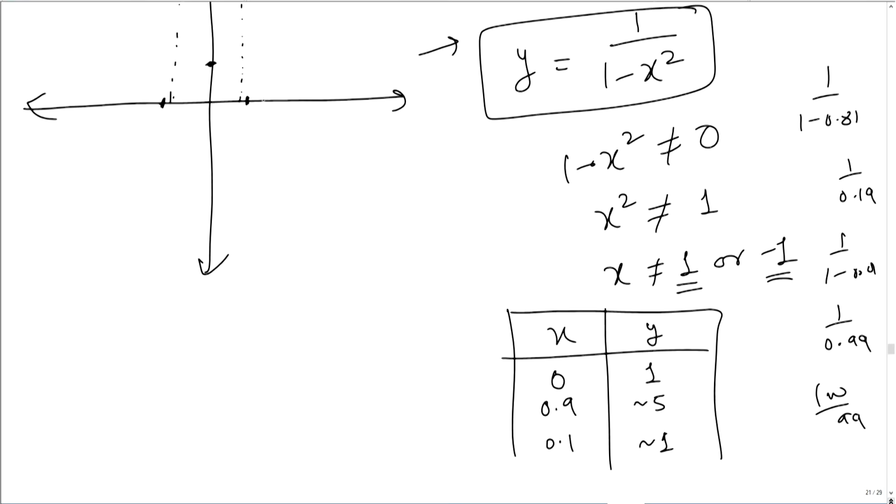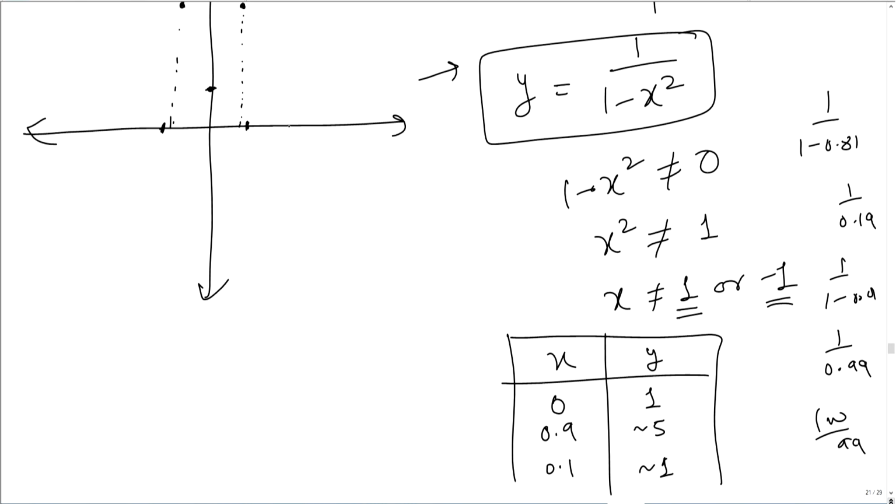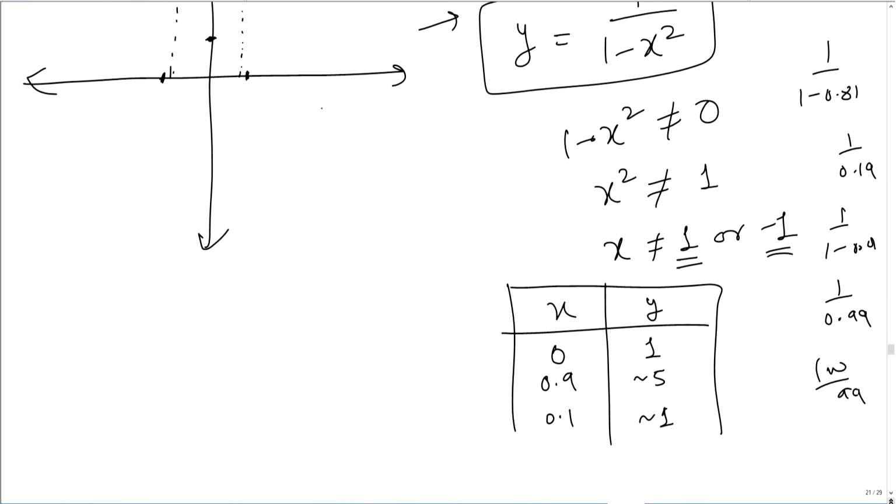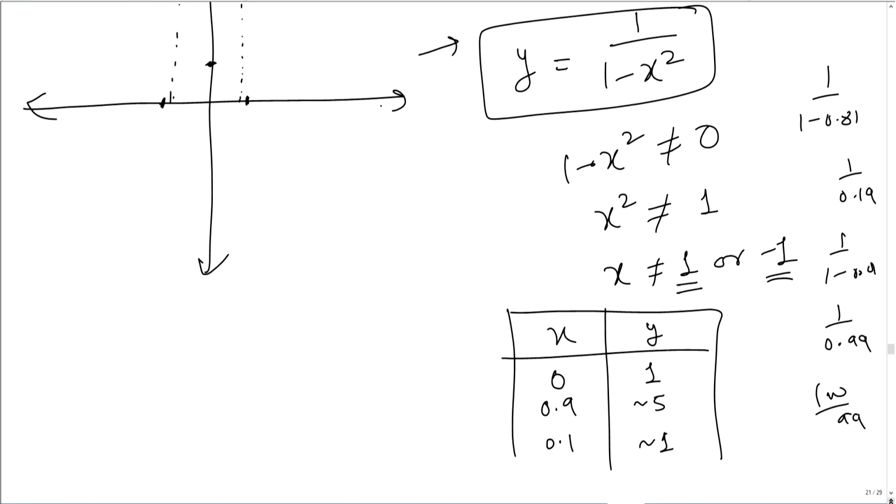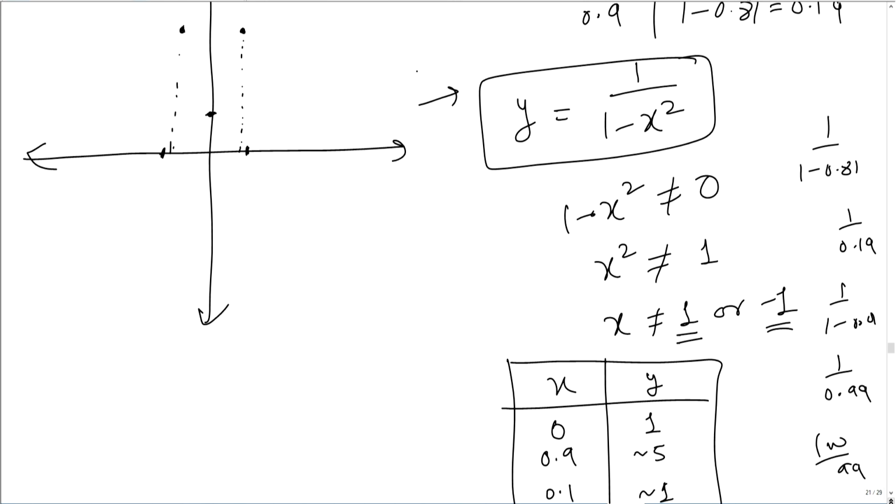Okay, but let us think, because x can't take 1, but what if x is really, really close to 1? So even more than 0.9, let's say 0.99. Now the square of 0.99 would be close to something like 0.95 or 0.91, right?